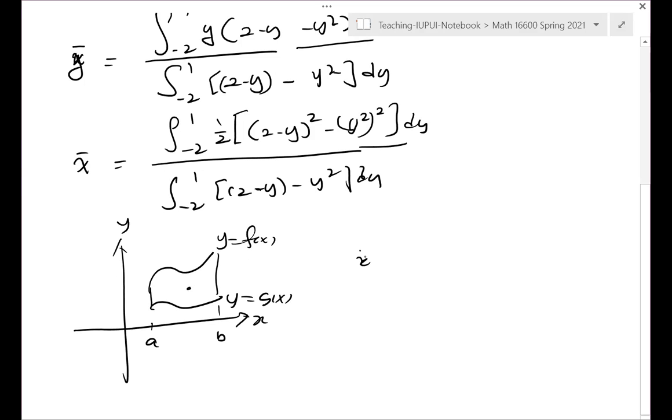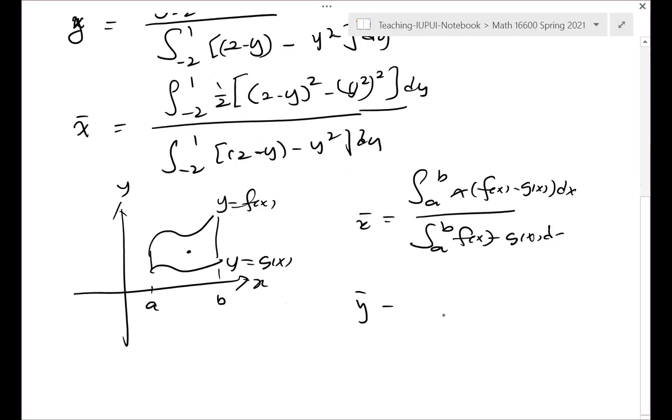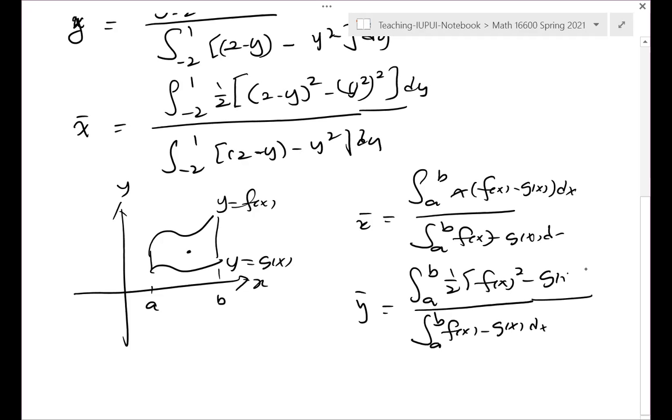Then the centroid x bar is going to be the integral of x times f of x minus g of x dx, and the y bar, we still use the same variable in the integral, is going to be half of f of x squared minus g of x squared dx.